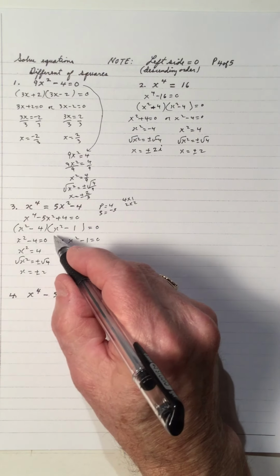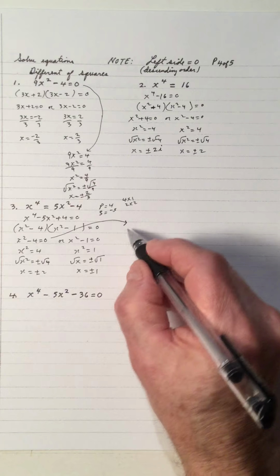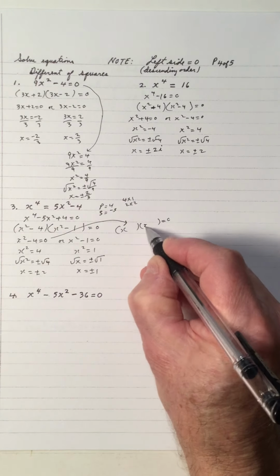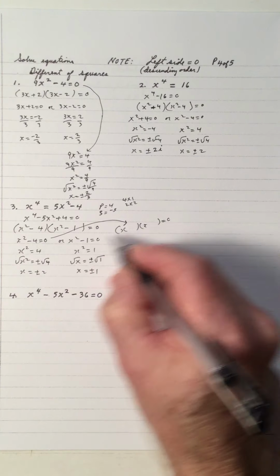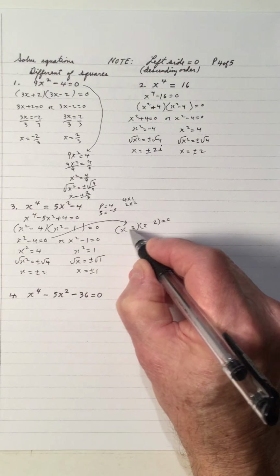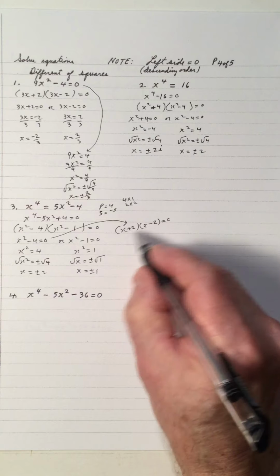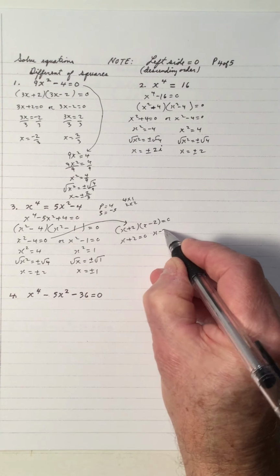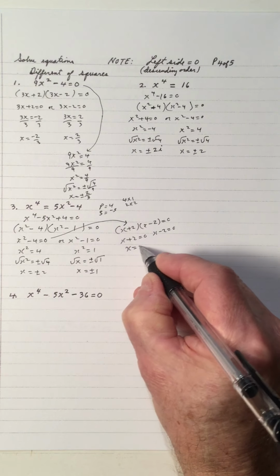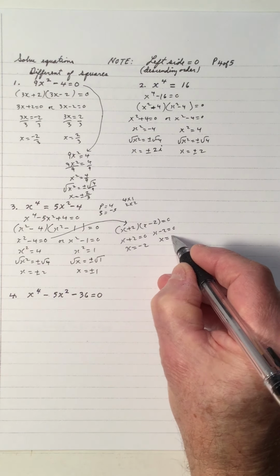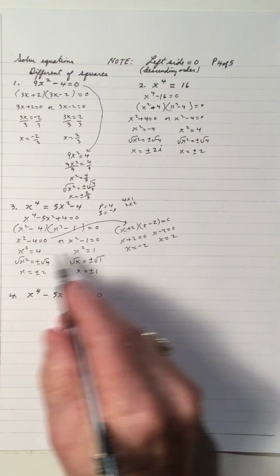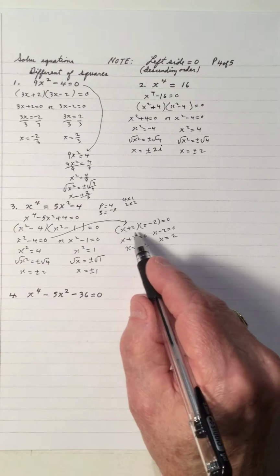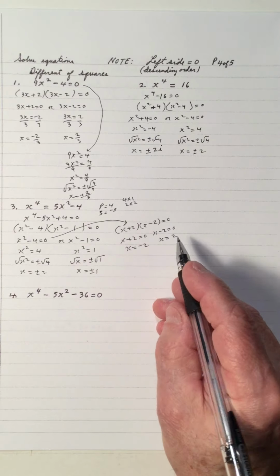And again, just to mention it, right here, I could have done x and x, and 4 is 2 and 2 with a plus and a minus. I could have factored it like that and done it by factoring to get the same answers. So it's your choice: if you want to move the 4 over and do the square root, or if you want to factor it, your choice.